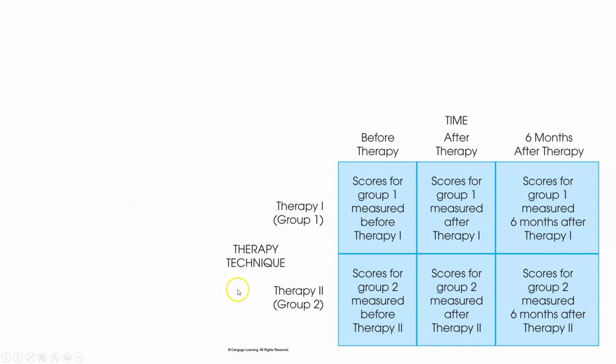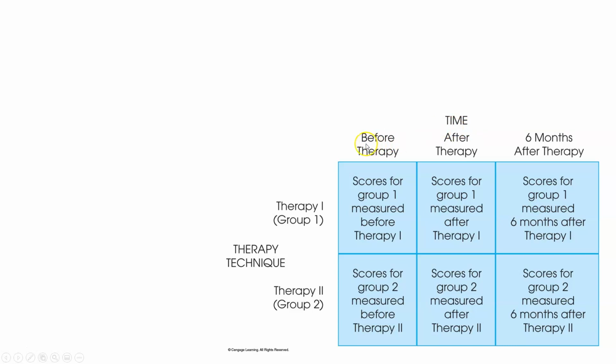Let's work through this example. Here we have a therapy technique. We might have a first group and a second group that have two different kinds of therapy. One might be, I don't know, behavioral therapy, and another one might be like cognitive behavioral therapy. Then we have a time series as a second factor.